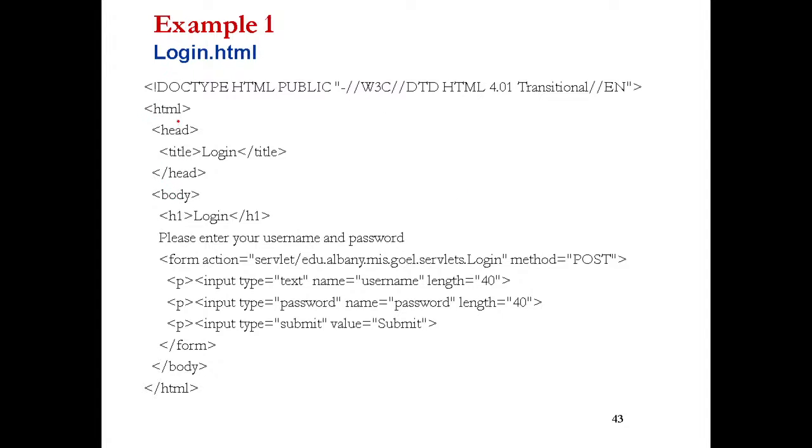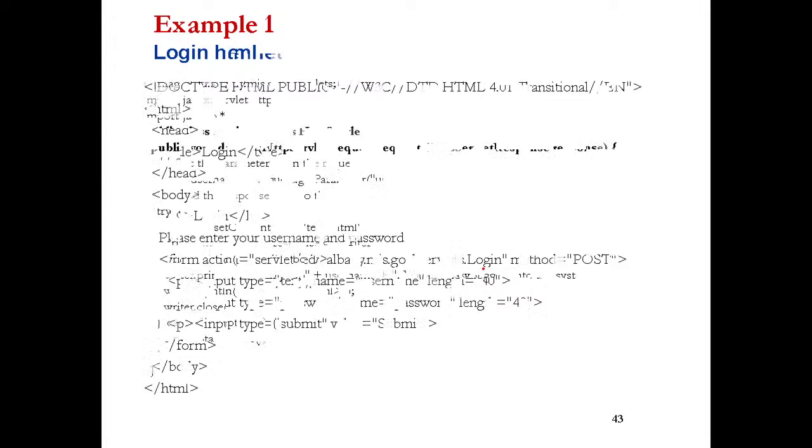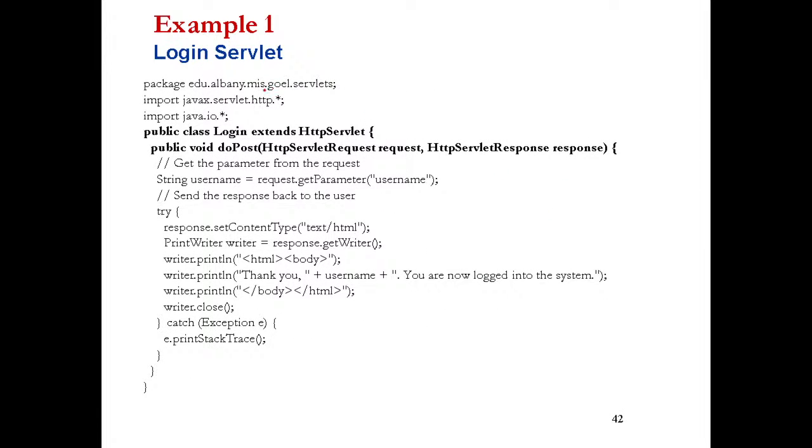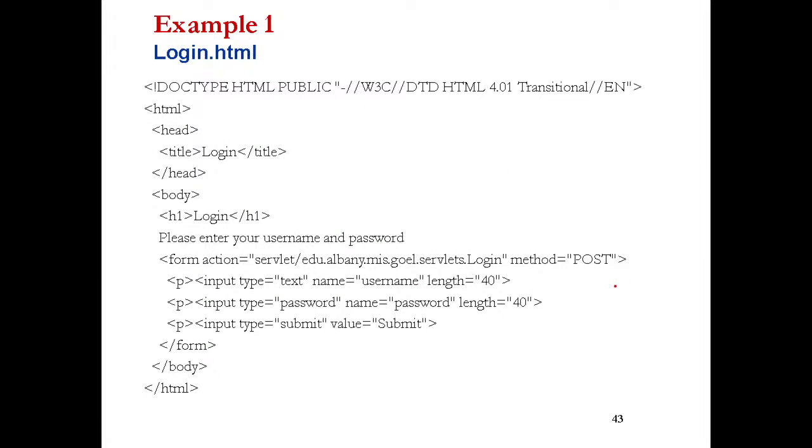I created this HTML code in which I created a form with the action pointing to the servlet. This is the servlet package where we created this servlet. Then the post method is used. Input type equals text, name is username, meaning I created a form with a login name, the username, whose length will be 40.